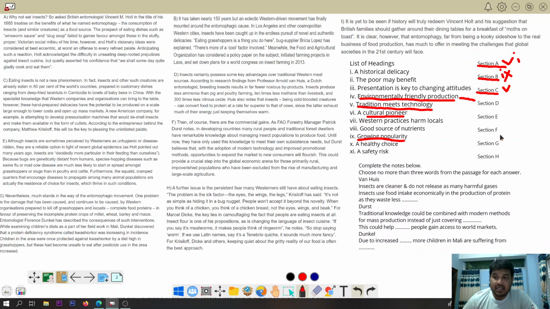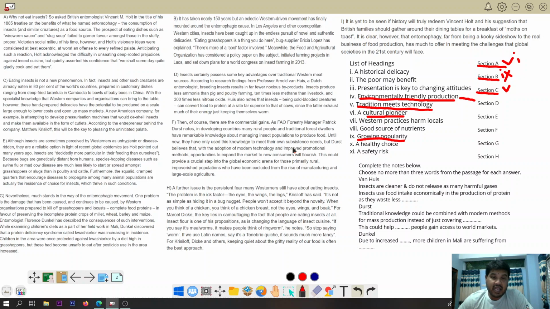Now let's move on to F. In this paragraph, they say, then of course there are the commercial gains, as FAO forestry manager Patrick Durst notes. In developing countries, many rural people and traditional forest dwellers have remarkable knowledge about managing insect populations to produce food.